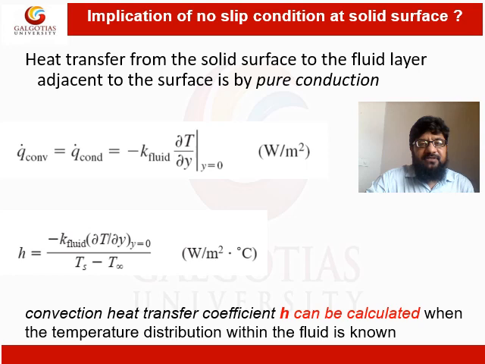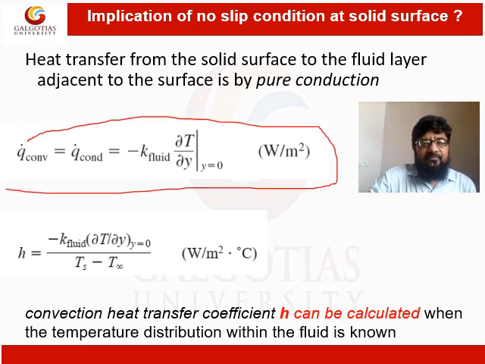What are the implications of the no slip condition at the solid surface? At the solid surface, because there is no movement of the fluid particles, the heat transfer from the solid surface to the fluid layer adjacent to the surface is by pure conduction and can be calculated using the typical Fourier's law.